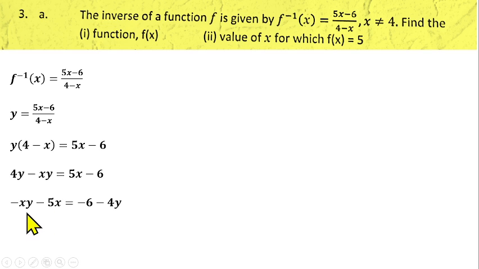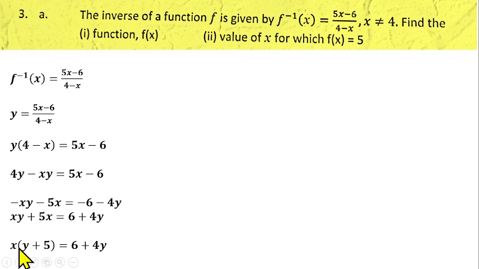Then from there you can factorize x in this, or before that you can see that minus is common to everything. You can multiply through by minus. So you'll have xy plus 5x equals 6 plus 4y. From here now you can factorize x. If you factorize x, we have x into y plus 5 equals 6 plus 4y.